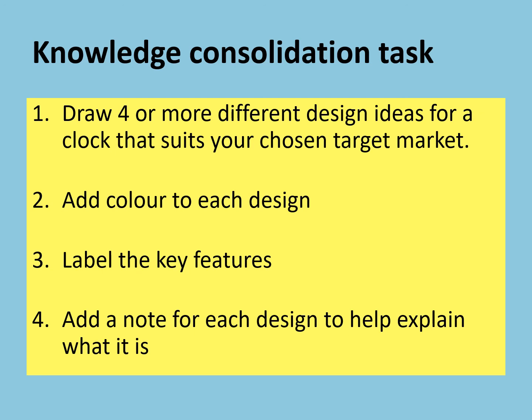And then finally, I'd like you to just add one short note for each design to help just explain what it is. So to create a little summary. So again, anybody who reads this work, anyone who reads your design ideas will have a clear understanding as to what these designs are.